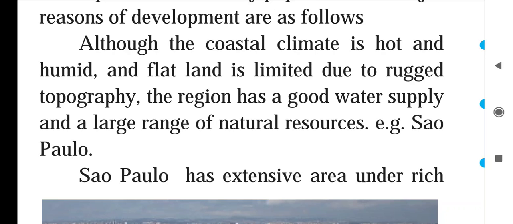Flat land is also limited due to rugged topography. Rugged topography means what? Uneven topography. But still we can find a large supply of water, and natural resources are also abundant in that region. So that's why people live in that region.